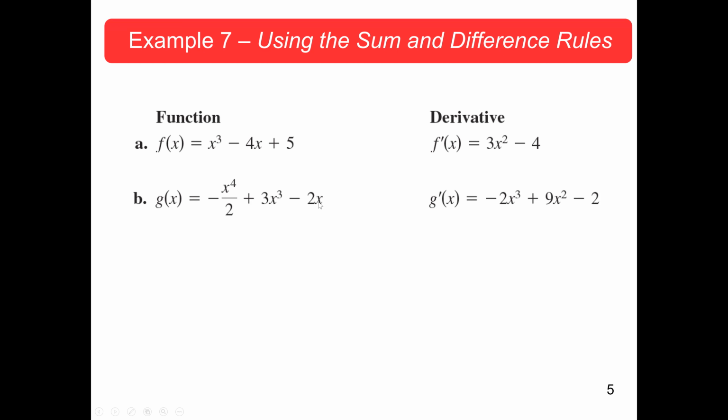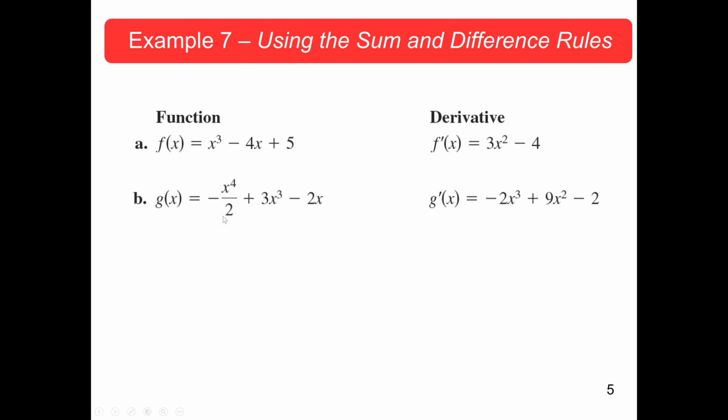Then the derivative of minus 2x will give us negative 2, because the derivative of x is 1. It will be 1 times x to the power 1 minus 1. x to the power 0 is 1. So negative 2 times 1 will give us negative 2.